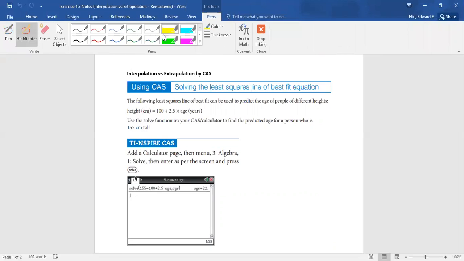So here's height, here's 155, we've subbed it in, and then you fill out the rest of the equation, type out age, then comma age to figure out your age, which is roughly 22. Now we all know that there's 22-year-olds who might be taller and shorter, but this is the rough estimate based on the data we've collected, and this is the one that we came up with.